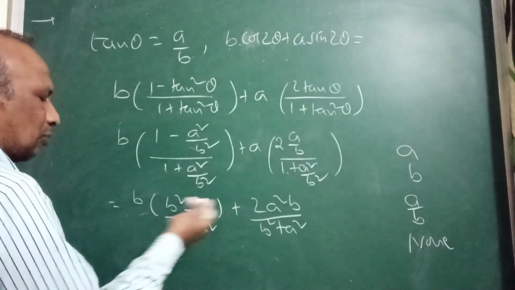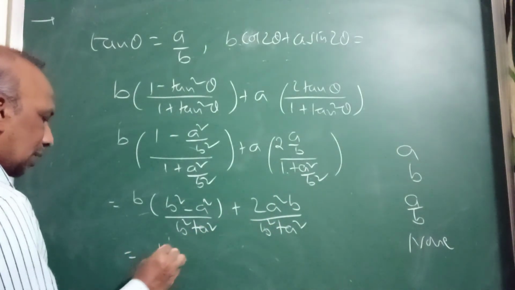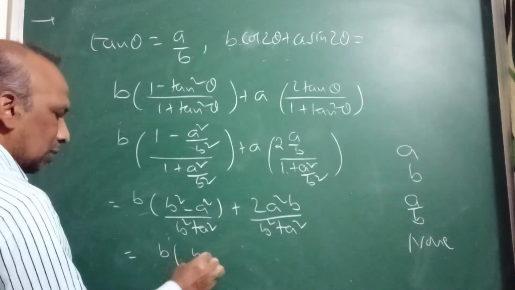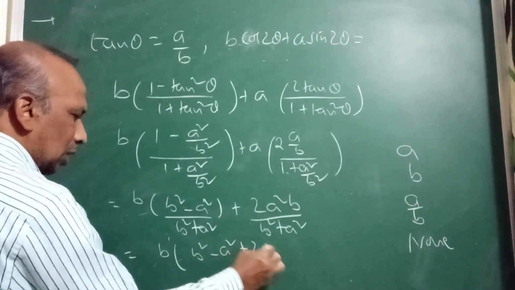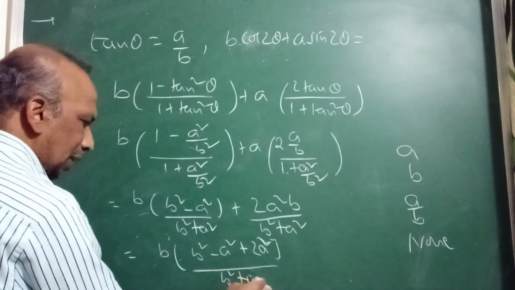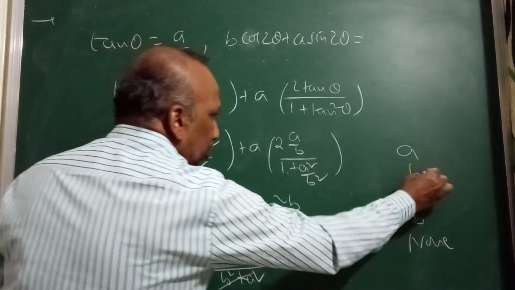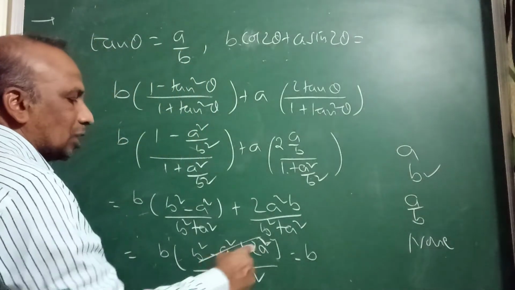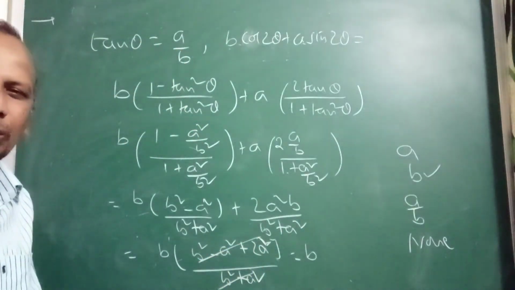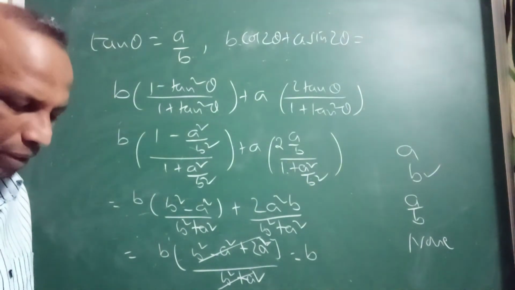Both have the same denominator, so take b common. You will get b square minus a square plus 2a square, by b square plus a square. This cancels with this, so the answer will be b. Why? Because b square minus a square plus 2a square is b square plus a square. So the answer is b.